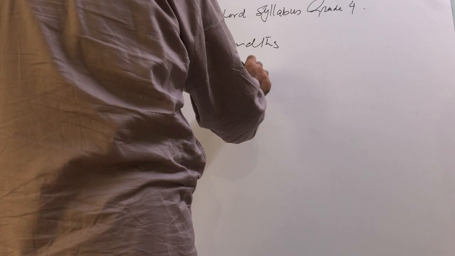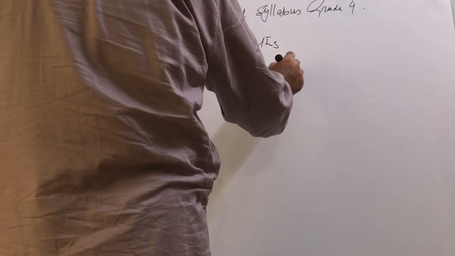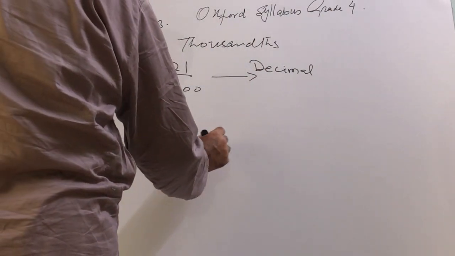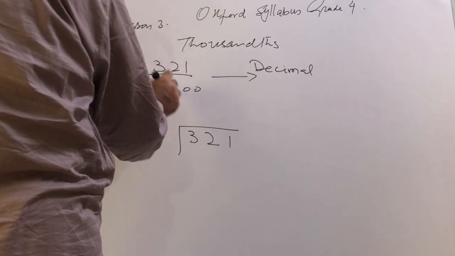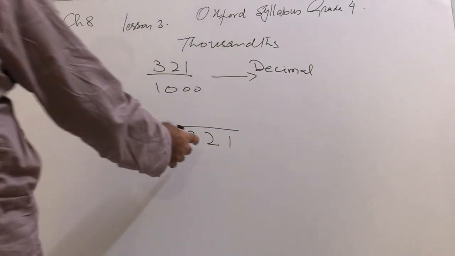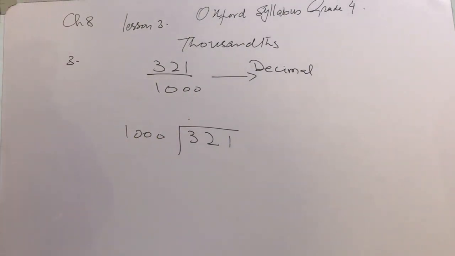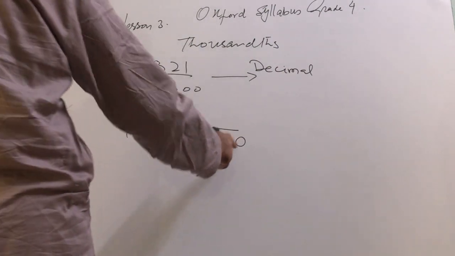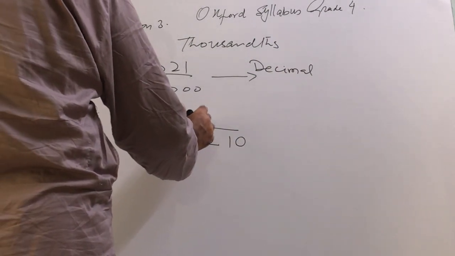So we need to convert it into decimal form. Simply divide the numerator by the denominator. This is smaller than this, we cannot divide. We need to put a decimal here in the start. Put 0 here. When you are putting a decimal here, put 0 here. Now we can divide. 1000 multiplied by 3 is 3000.